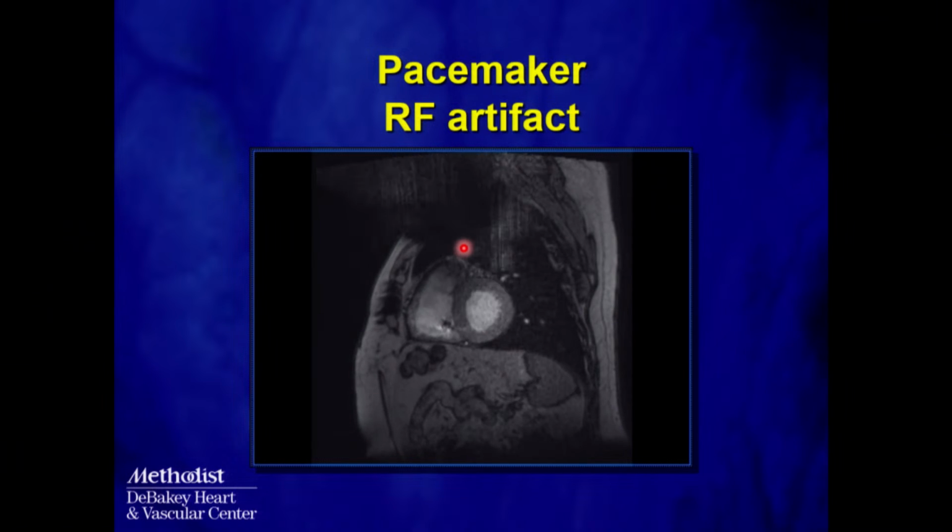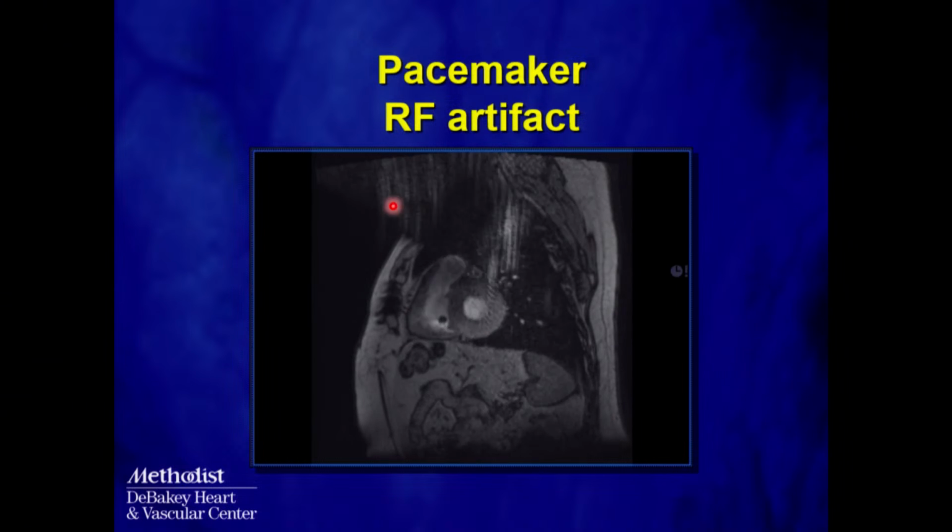Notice that when we send radiofrequency pulses to excite the protons and acquire images, all this artifact outside the heart, this signal loss, is because of the pacemaker generator, which has ferromagnetic material and creates a lot of perturbation. The field is not homogeneous, and that's why you see a lot of signal loss.